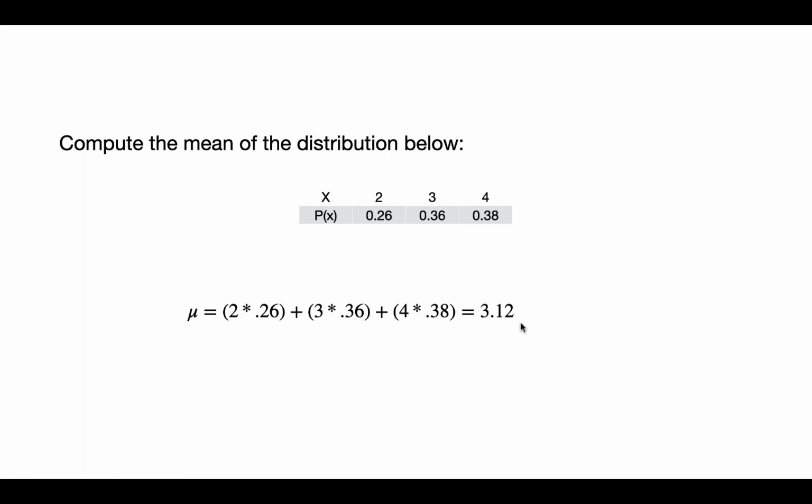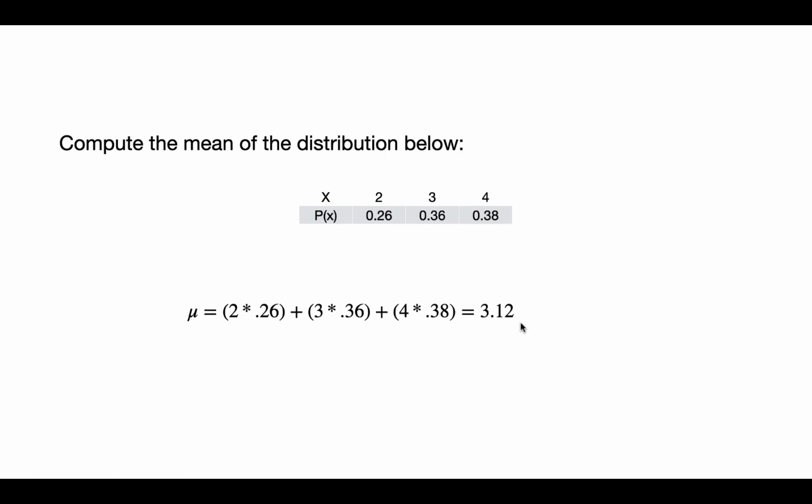If I compute each of those x bars for 10, for 50, for 100, then as the sample size gets bigger, these x bars all will converge to the true mean. And this is the mean of the random variable, 3.12.